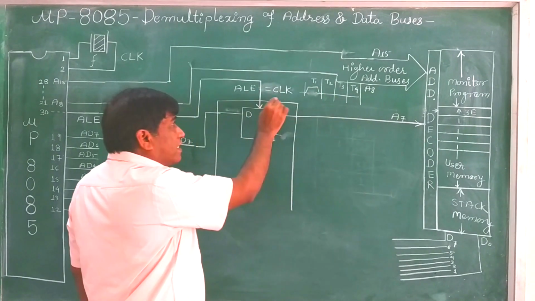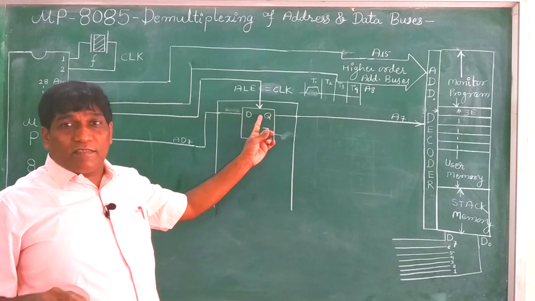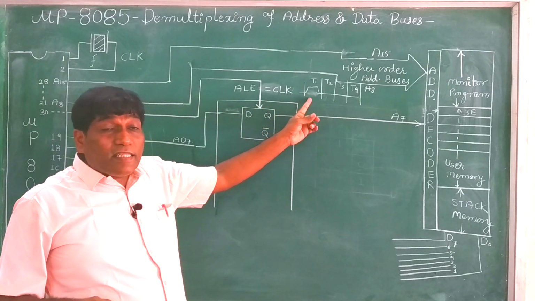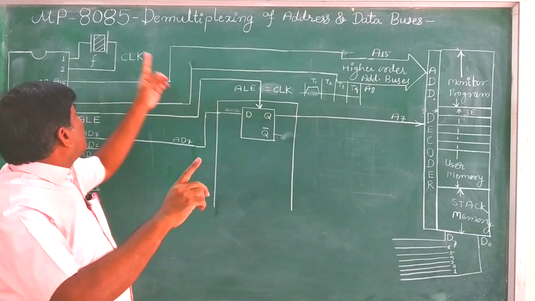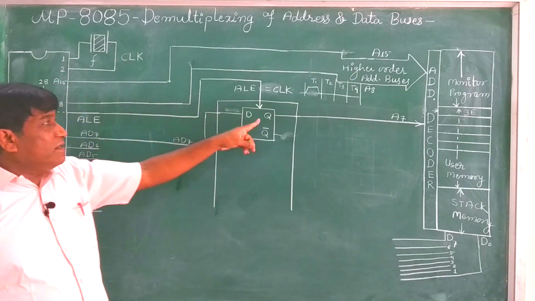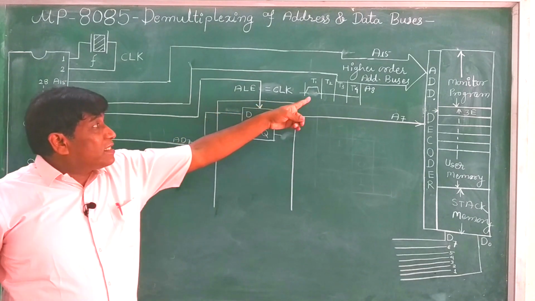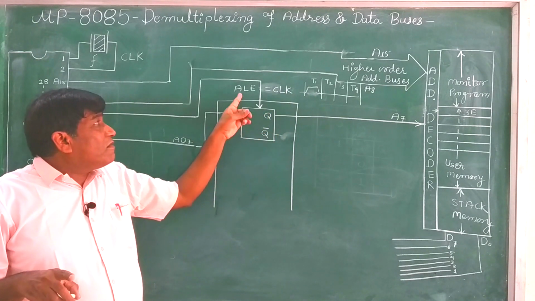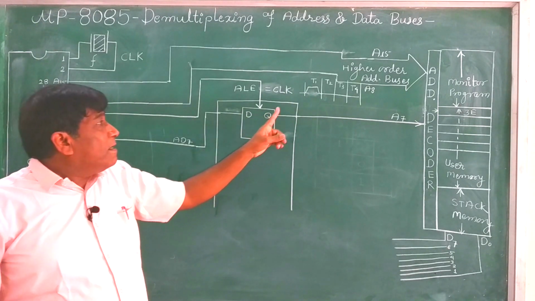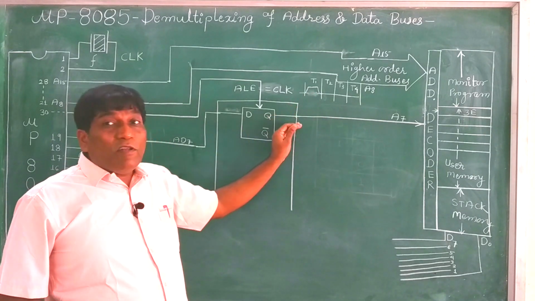So ALE is activated at T1 initially. That means when we apply ALE, this ALE signal will be the clock for the D flip-flop. We should not apply the clock to the D flip-flop; ALE is the signal and it will be applied to the clock input of the D flip-flop, so that whenever this is activated, the change will be there.